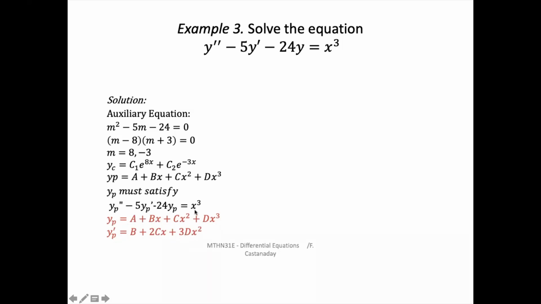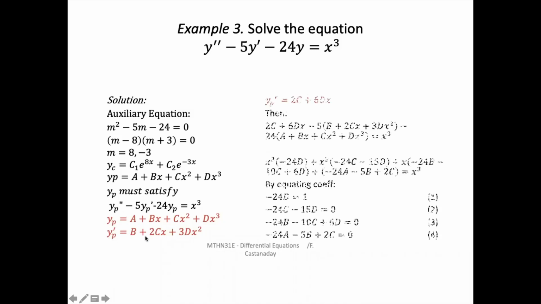And finally, you need to determine y double prime. So we differentiate y prime: the first term b will be 0, the second term 2cx will become 2c, and the last term 3dx squared will become 2 times 3, so you have 6dx.